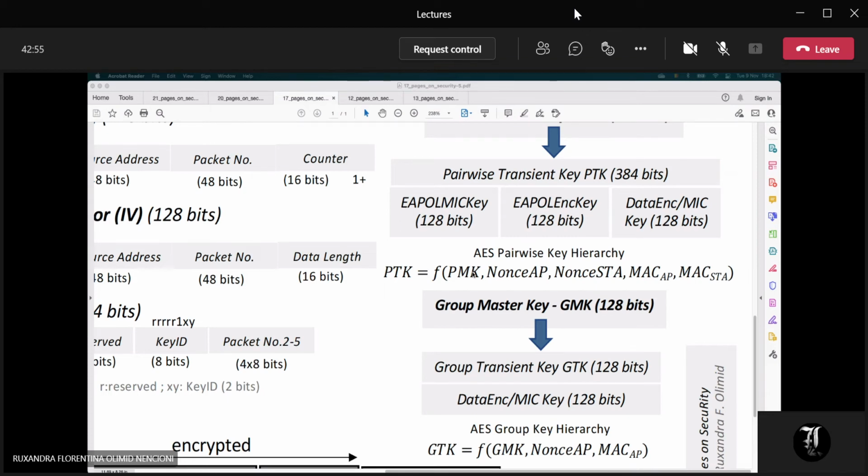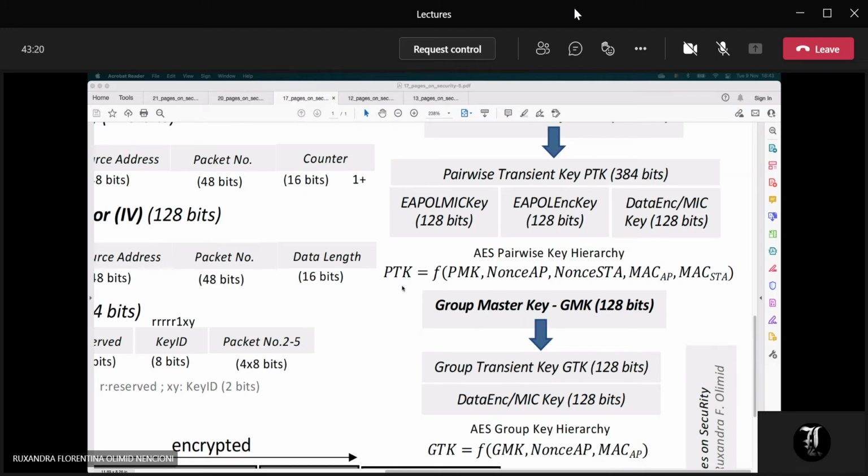You trust just yourself. So you don't care about the nonce of the other. If the station has a good nonce, I don't care about this one, because the station will say, okay, I trust this to be a good PTK. You could have said it like this, if the nonce of the station is impacted or not.